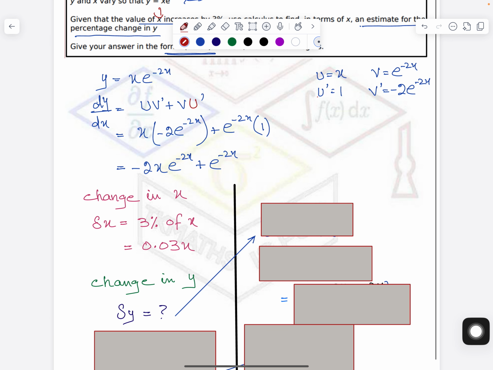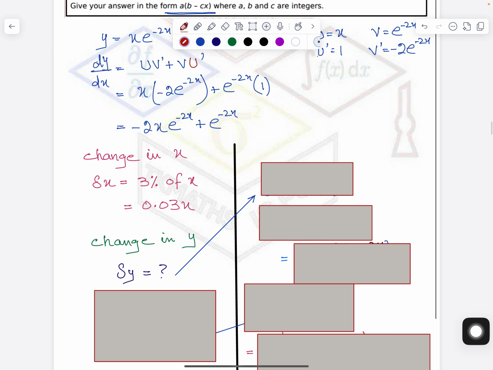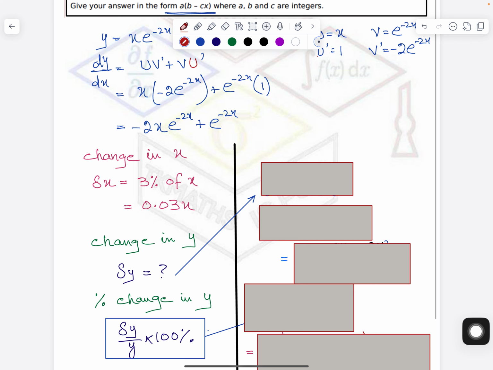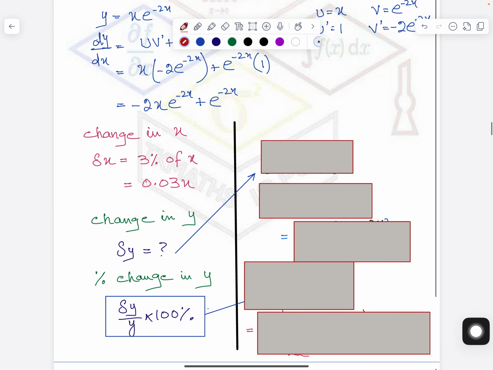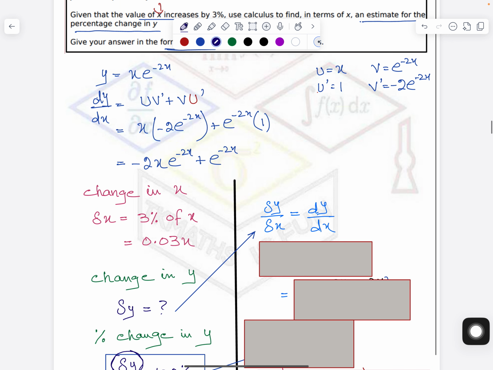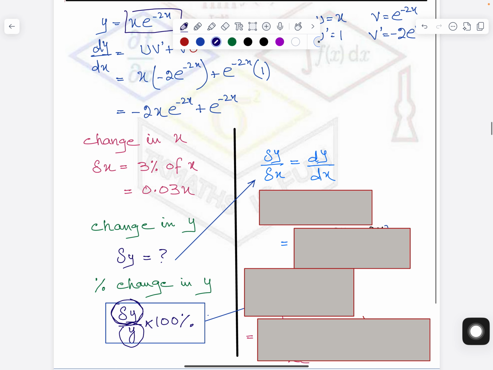Similarly, the change in y is delta y, and the percentage change in y will be this formula I told you and explained earlier. So what will you do now? To find delta y, which I will plug in here, I have to plug in delta y here, and I have to plug in y here. Y we already know, y is here. So y I can write here, but delta y I have to calculate first.